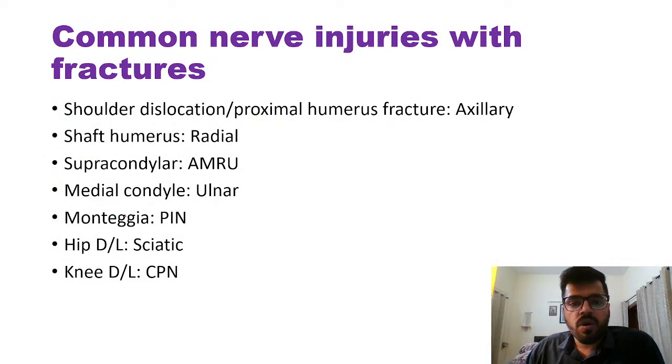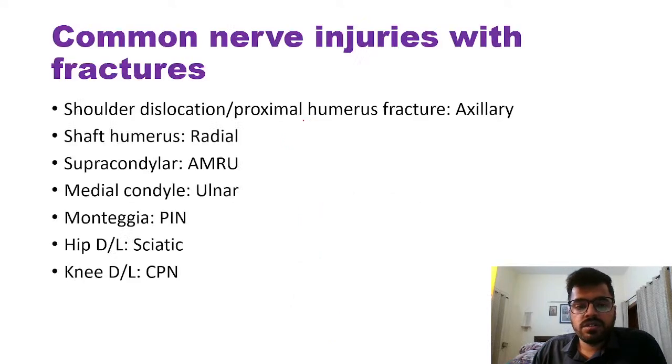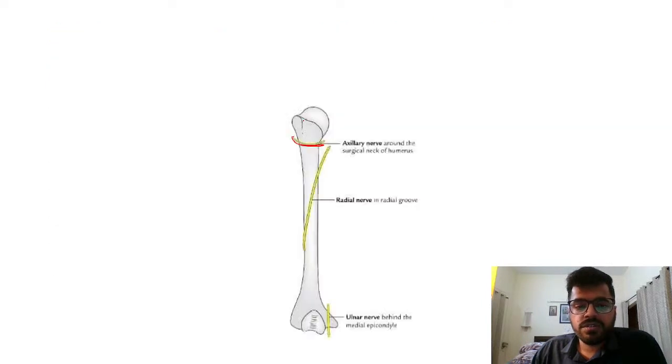Then we have some common nerve injuries associated with fractures. If you look at this image, this is the axillary nerve, so it can be damaged in proximal humerus fractures or shoulder dislocations. Suppose there's a fracture here or a dislocation of the shoulder, axillary nerve can be damaged around the surgical neck of humerus.